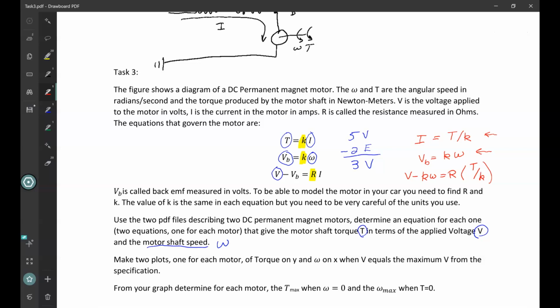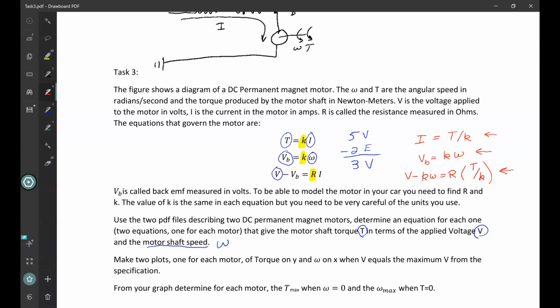I and VB are the 2 variables that you want to get rid of. Then you take these 2 quantities and put them into the last equation, so you end up with this equation right here. Now, that equation has the 3 variables, and only the 3 variables that you're looking for. The only problem that's left is to try and identify the 2 constants, R and K.